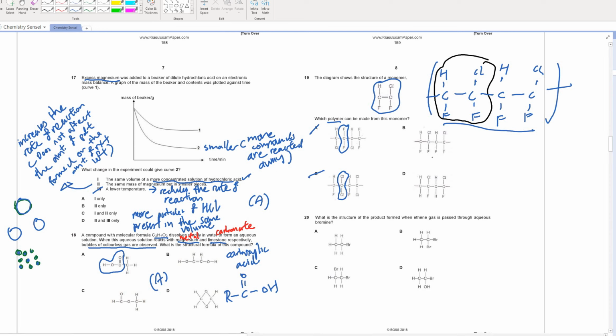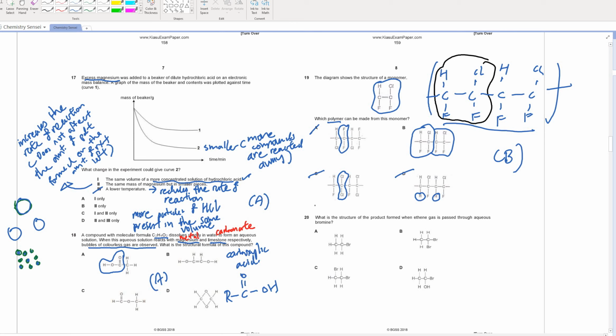Option B looks promising because there is only one fluorine per carbon atom, which is similar to what we have drawn, and there is only one chlorine atom per repeating unit. So the correct answer is option B. Option D is wrong because there should be fluorine attached to each carbon. However, there is no fluorine attached to each carbon in option D.